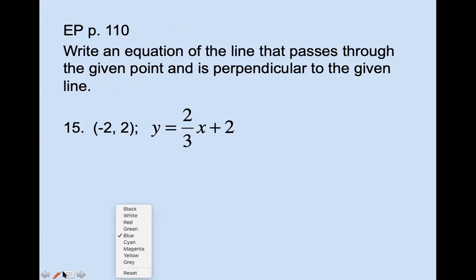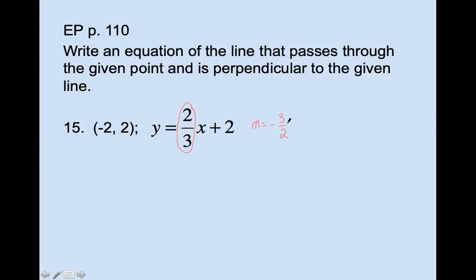All right, in the next group of practice problems, I have to write the equation of a line that's perpendicular to the given line and passes through the point. So this time I'm going to look at my slope. So if my slope here is 2/3, then the slope of any line perpendicular to it is going to be the opposite reciprocal. So I change the sign and flip the fraction.